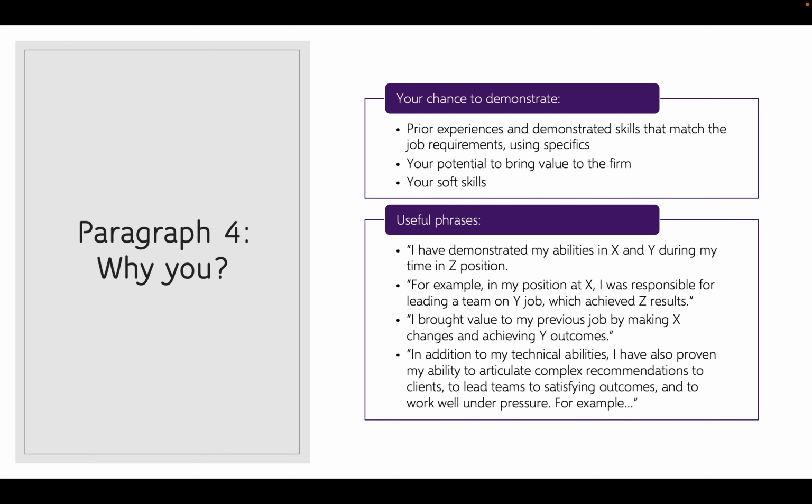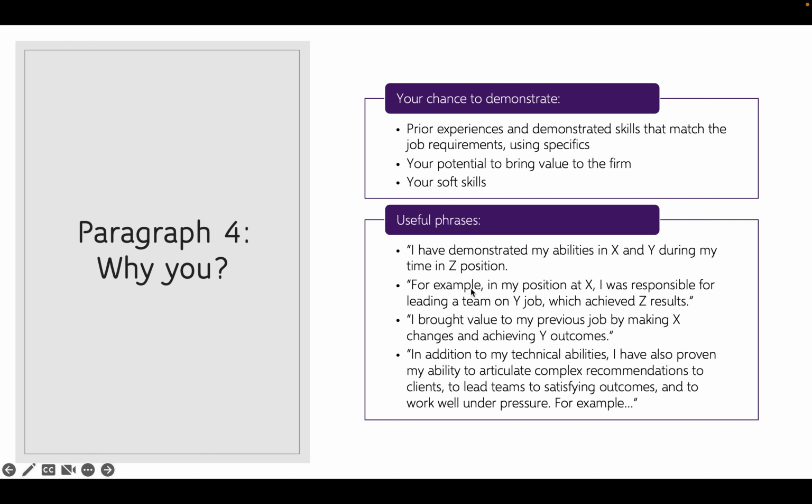You want to take the skills and try to pivot to something concrete. So things like, in addition to my technical abilities, I also have proven my ability to articulate complex recommendations to clients, to lead teams to satisfying outcomes, and to work well under pressure, for example. Okay. And that for example is absolutely key.